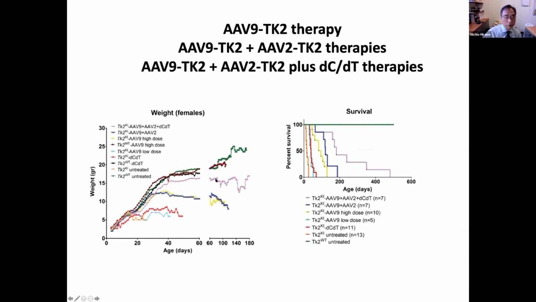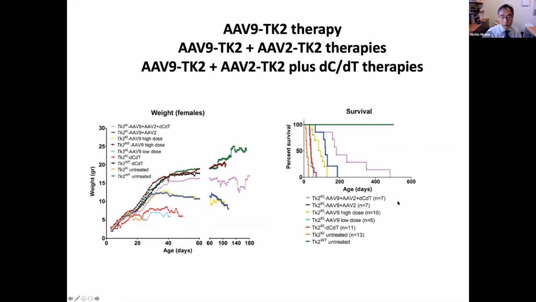We see improved growth with the two therapies together, and we see improved survival. So the survival is almost 200 days, about 180 days with the combination therapy, and one mouse lived up to 16 months.